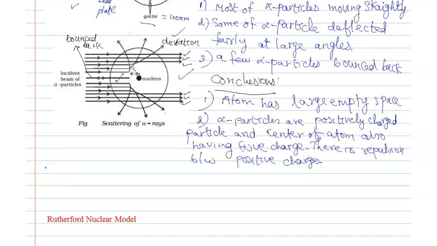Next, the third conclusion. Very few alpha particles bounced back with 180 degrees. That is the third observation, that very few alpha particles bounced back. That means a large positively charged part is present at the center.